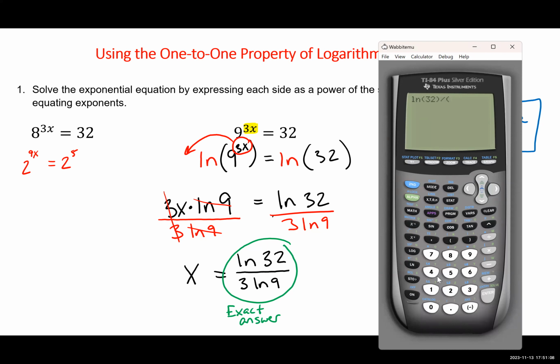So parentheses 3 times the natural log of 9, close parentheses, close the other parentheses. And so it's about 0.526. So if we round it to 3 places, it's approximately 0.526.